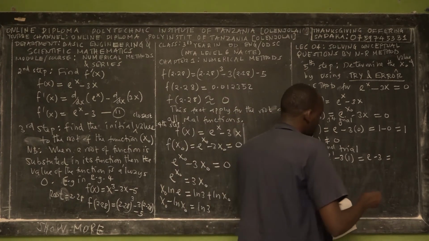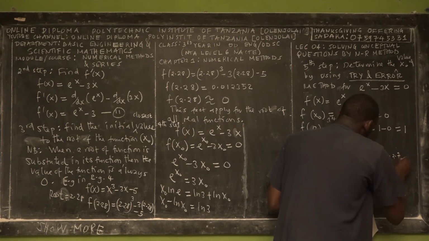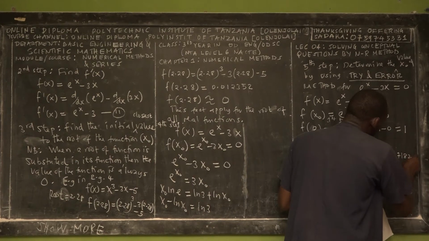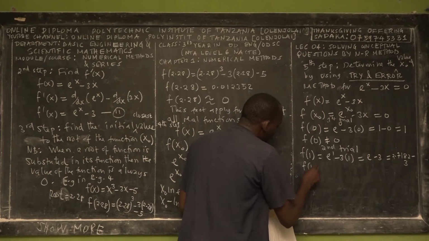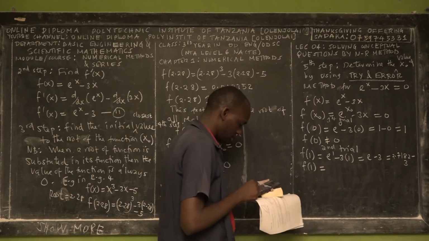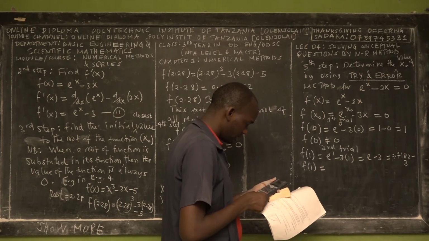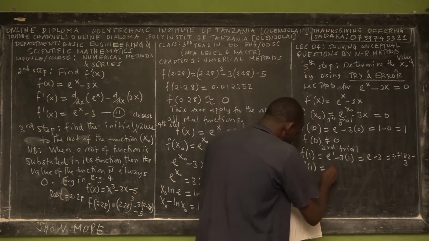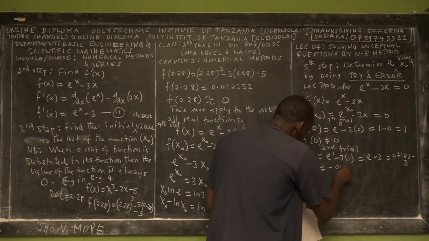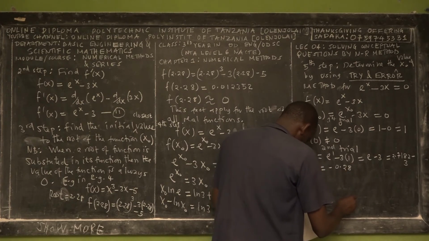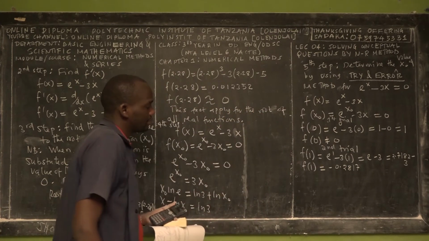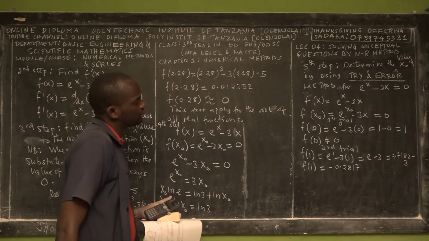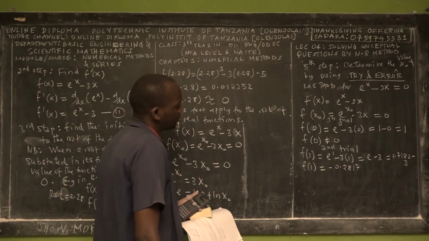Okay, so you get 2.718, minus 3. So f of 1 is equal to this one, minus 3. So at least this is approaching. It's negative 0.2817. Okay? At the second try, but again, it's not equal to 0. We go for the third try.